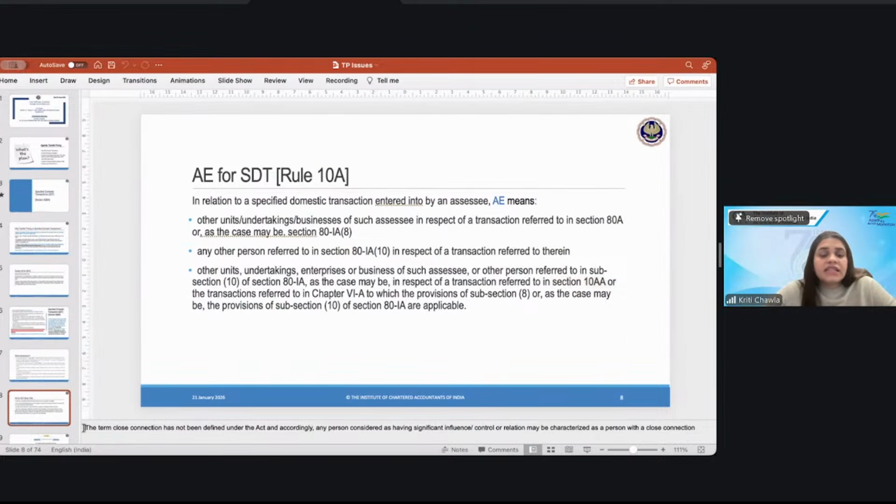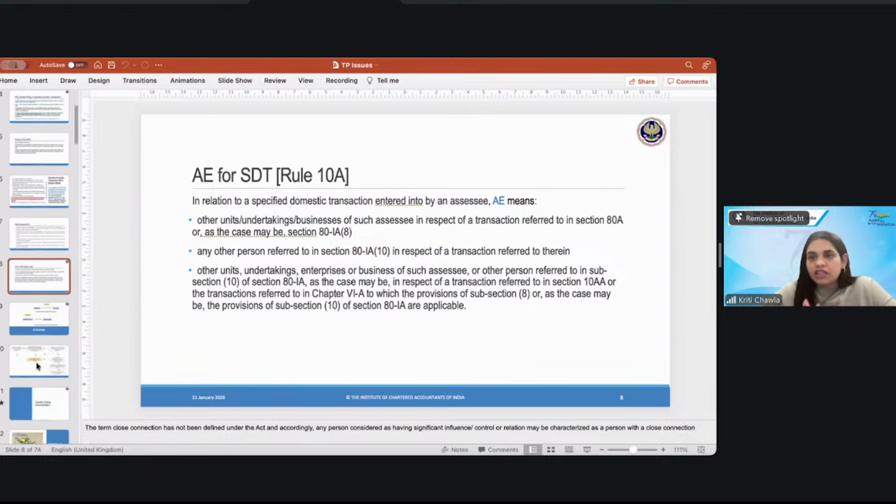This is the slide that, in the notes, also talks about close connection, which has not been defined under the Act. But if you see, any person who has significant influence or control is basically a person with close connection. Now, this is something which is very generic, for which we do not have much in the law itself.